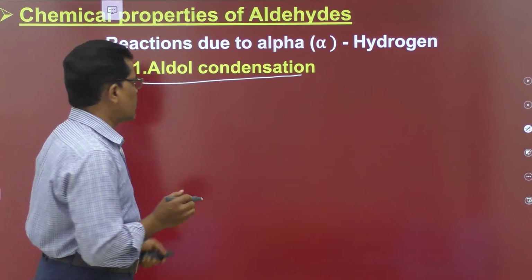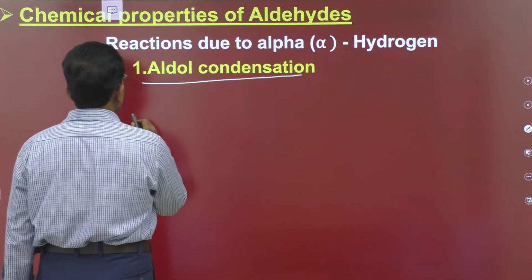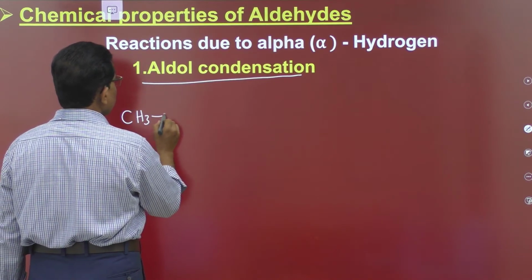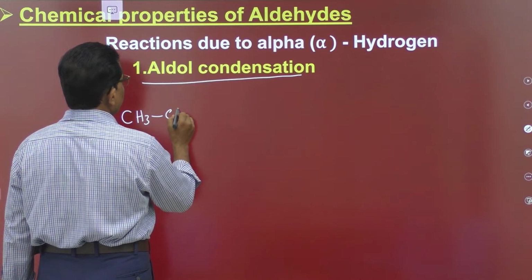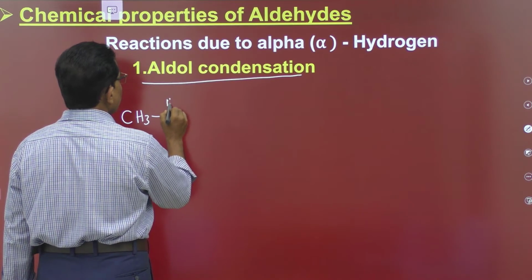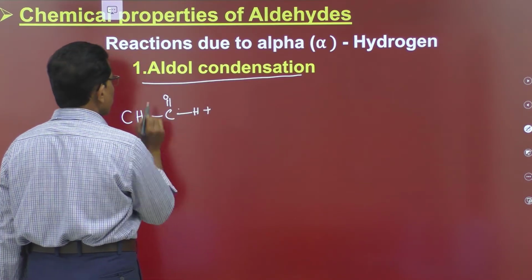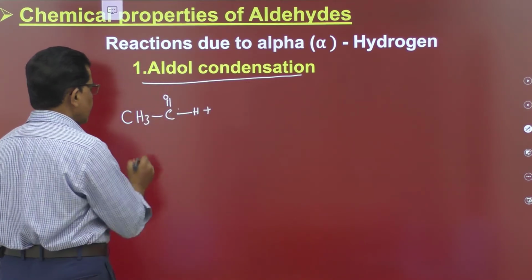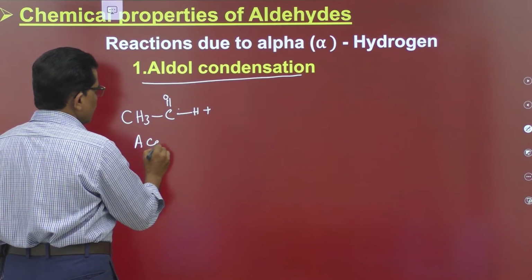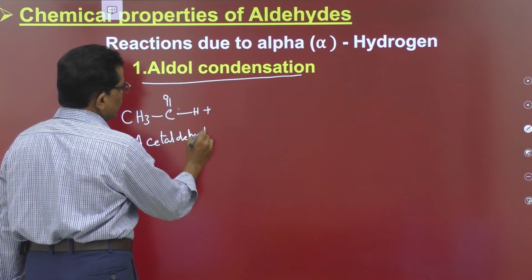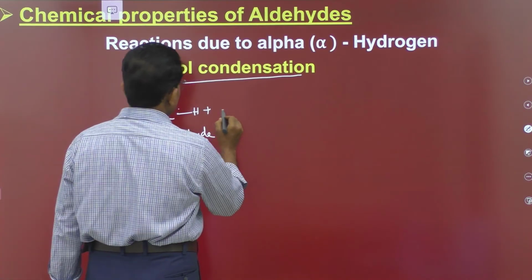So beta hydroxy aldehydes are formed, which on heating undergo condensation, and the aldol condensation product is formed. Take acetaldehyde, CH3 C double bond OH. This is 1 mole of acetaldehyde.